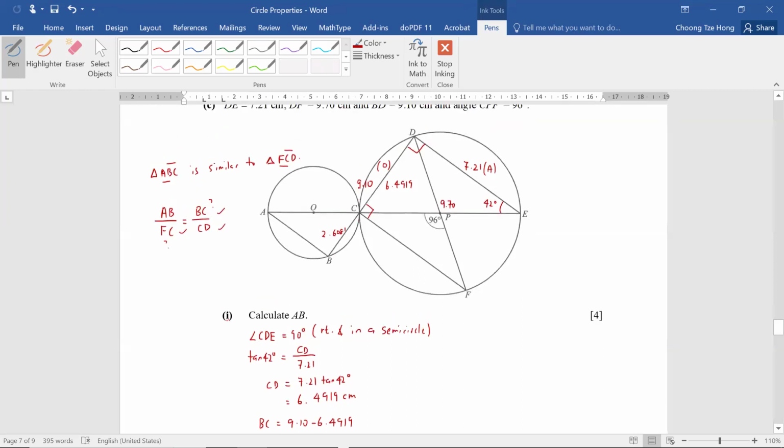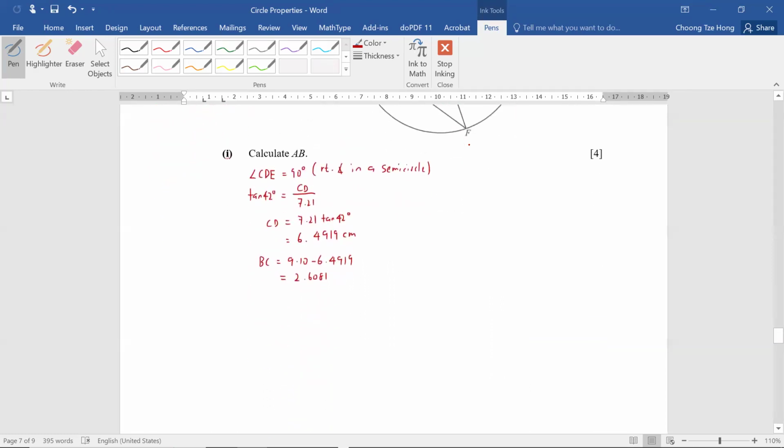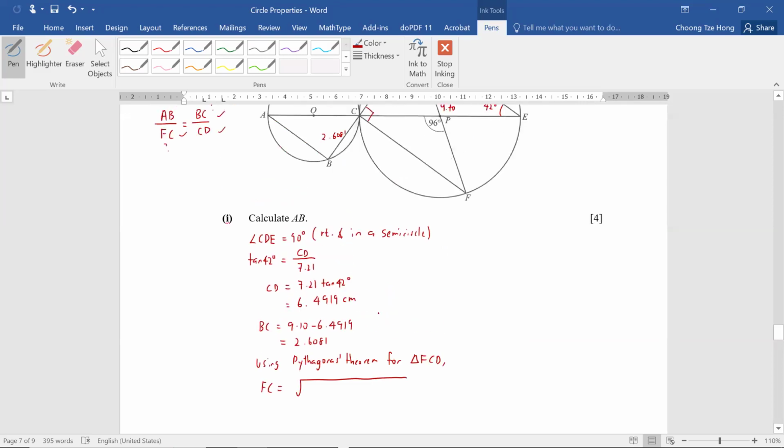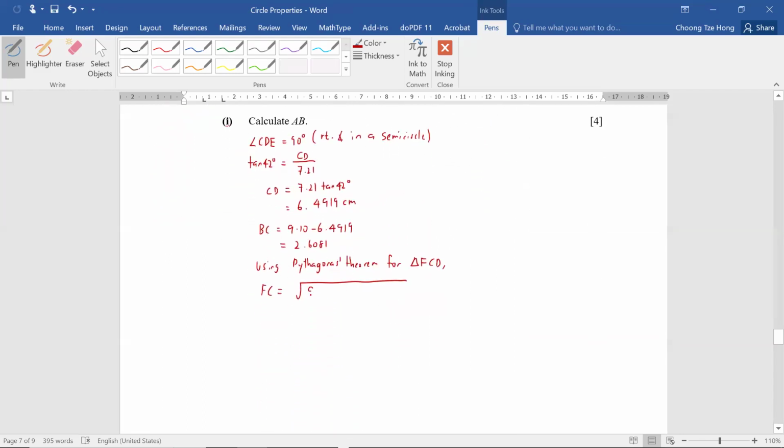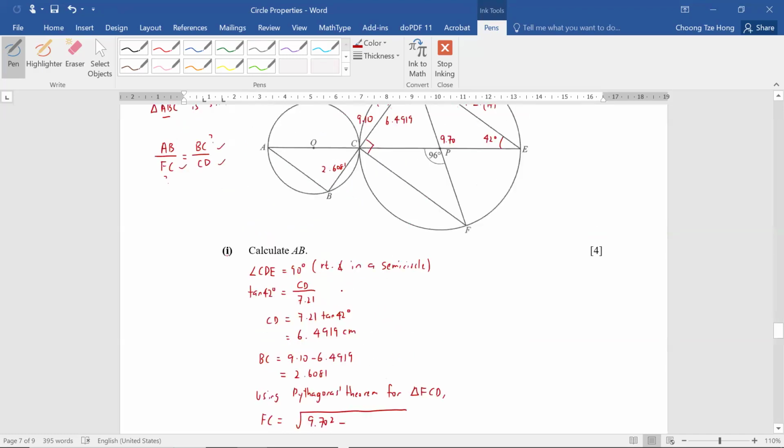Okay, then we should just use Pythagoras theorem for triangle FCD to find FC. So using Pythagoras theorem for triangle FCD, we will have FC equals the square root of DF, in this case the hypotenuse, squared minus CD squared.